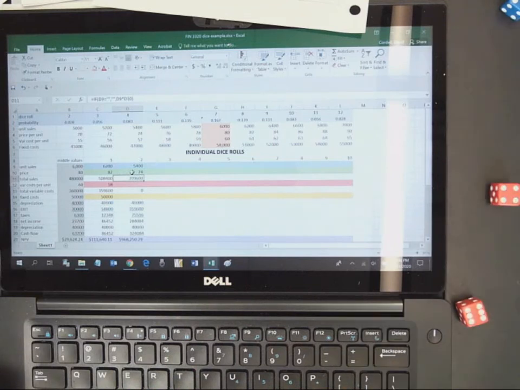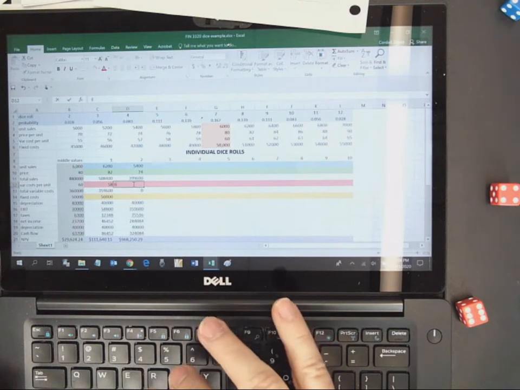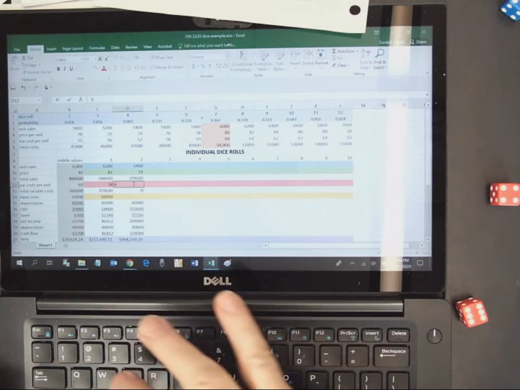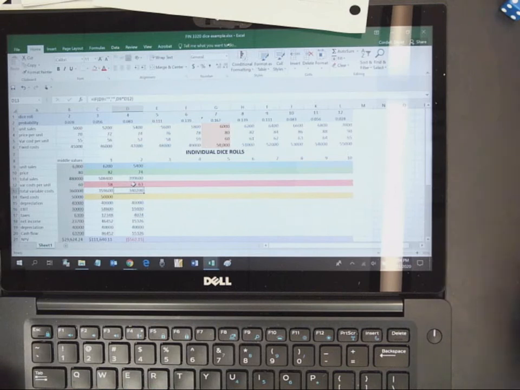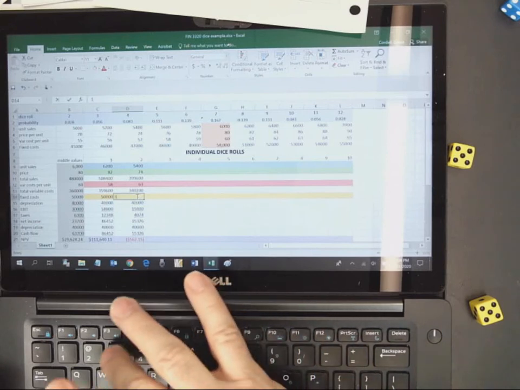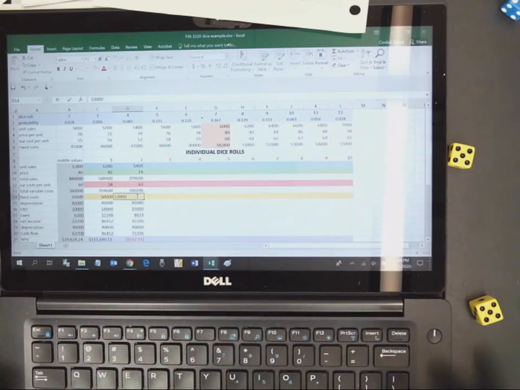Rolled a 10, and our variable cost per unit would then be 63. So this is not working out very well for this version. Then I roll for fixed costs. I get another 10, and that would give fixed costs of 53,000. So not so good for this version. We end up with a negative 151,494 NPV. So that's not so good.